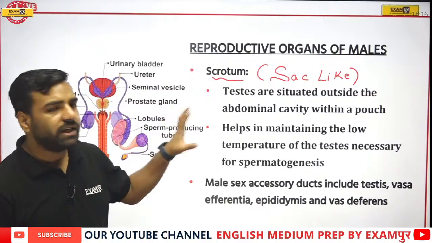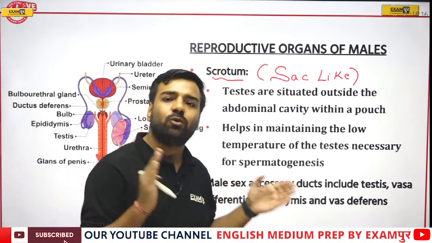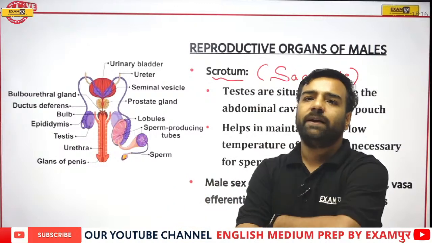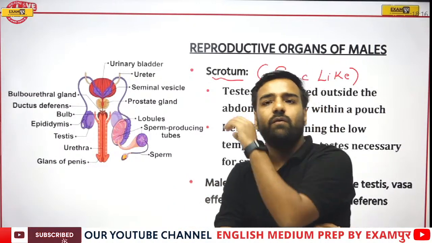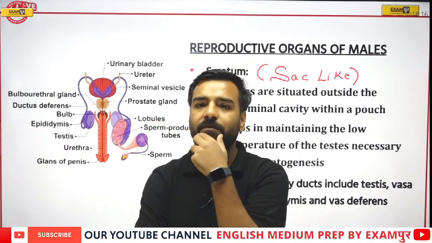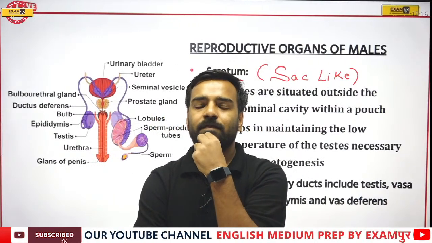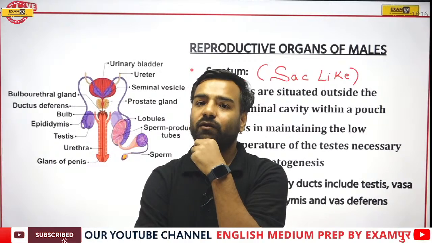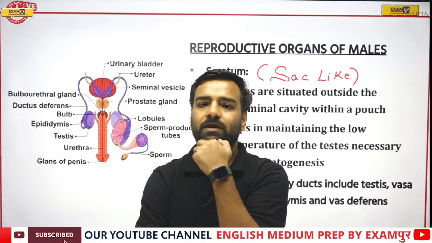So that we can totally understand what is the role of this scrotum actually. Who can tell me? There must be some temperature, isn't it? So is it 30, 32, 35, 37? What is it? Not sure?